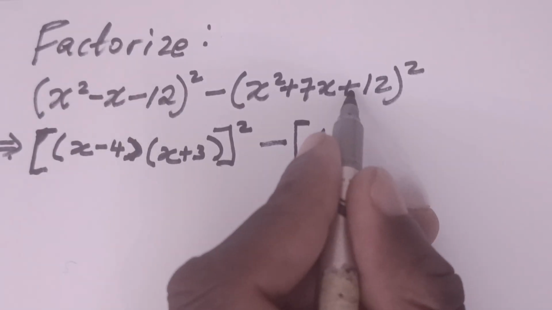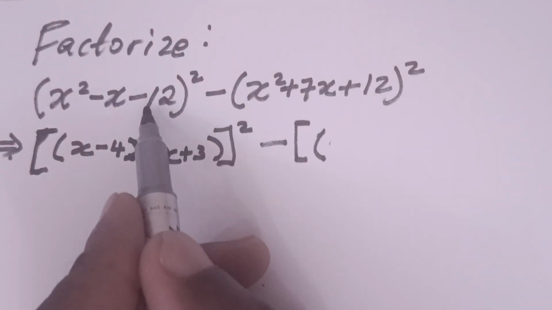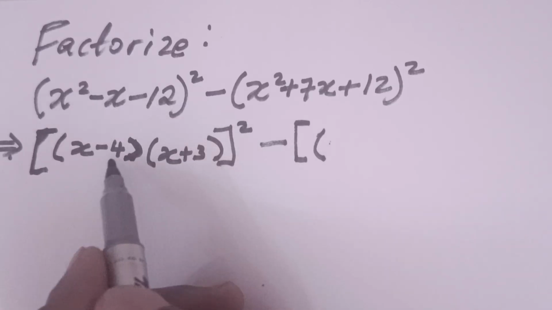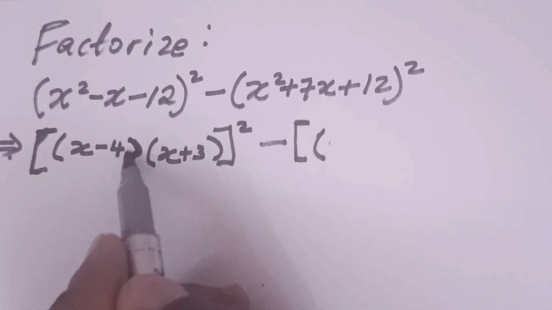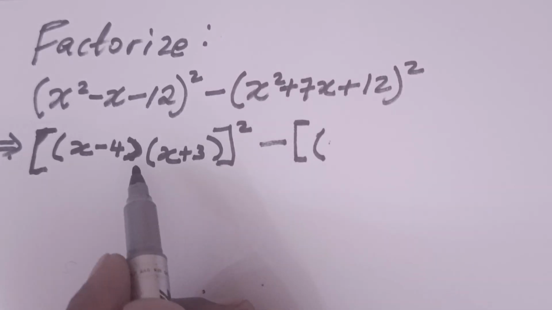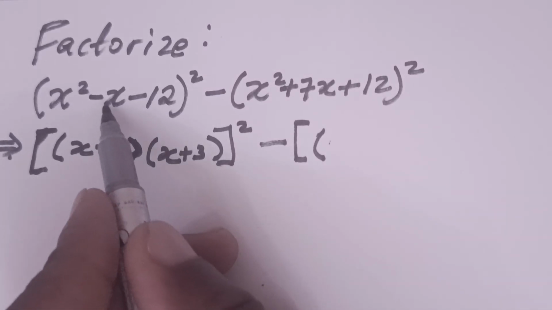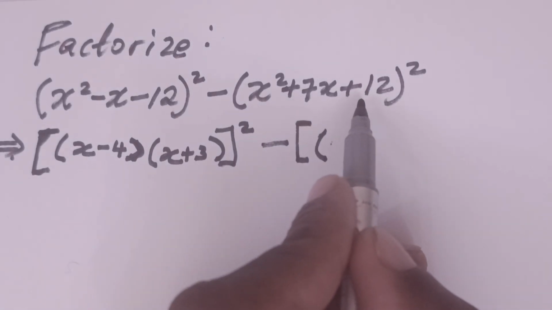Because this is positive, it means those factors are going to have the same sign. Remember, here it was negative, that's why the factors had different signs, and the middle term tells you the sign of the bigger factor. The bigger factor is the 4, between 4 and 3. But here, the factors are of the same sign.